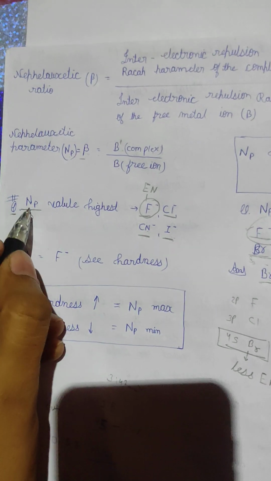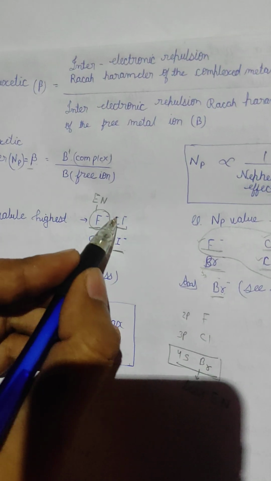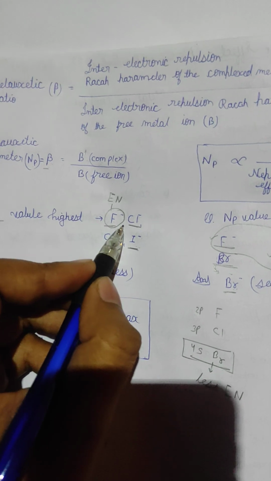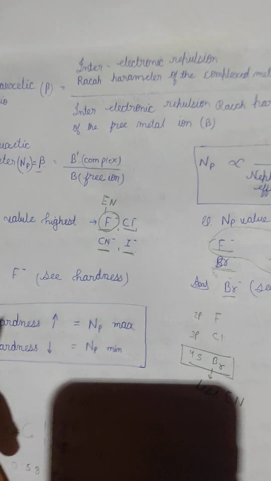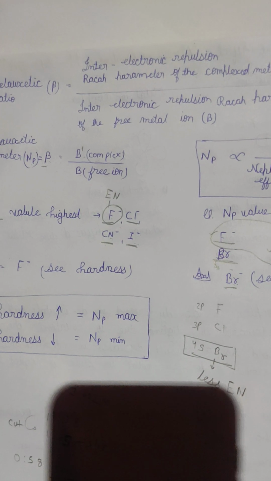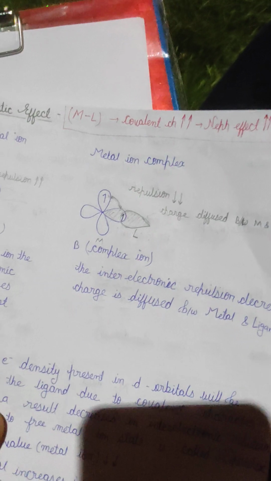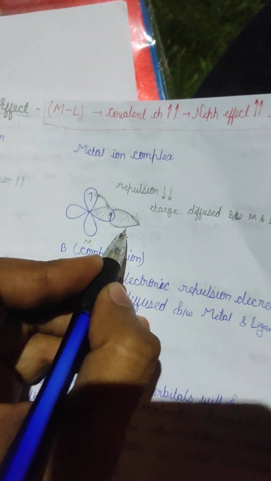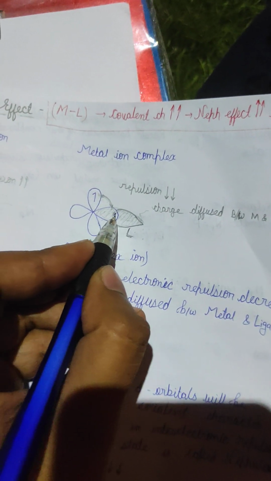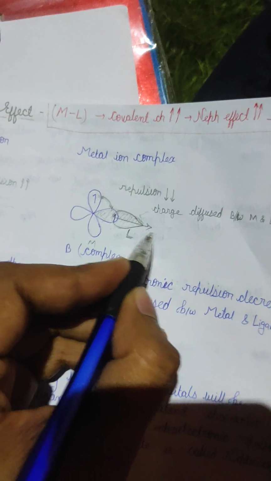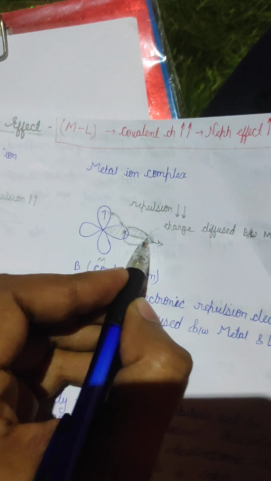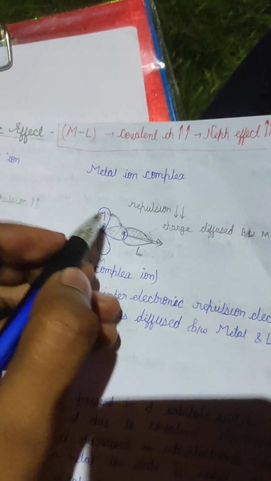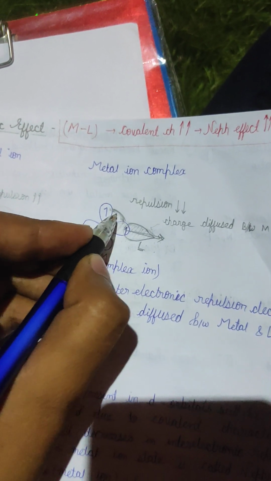Then we will see some questions. Among these four ligands, which ligand has the highest Nephelauxetic effect value? The ligand which has the highest electronegativity will pull the charge towards itself, and then the repulsion between these two lobes will be less.